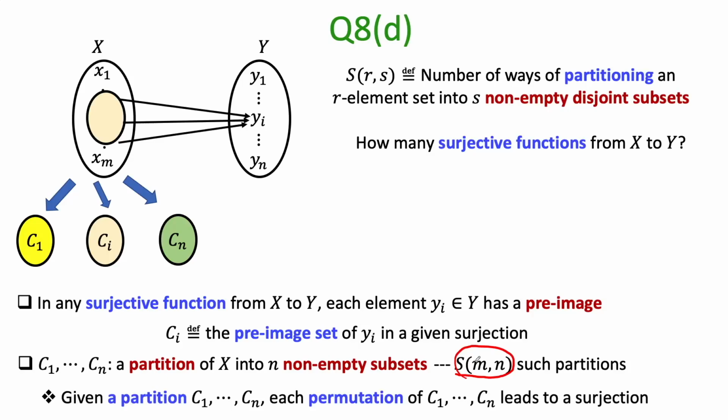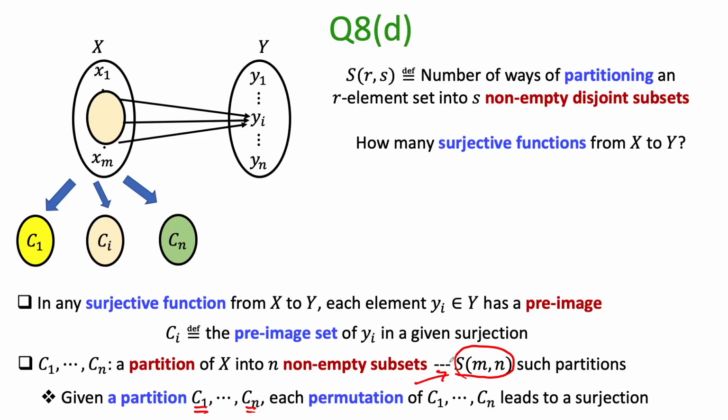So what we can say is, if you want to construct a surjection, you first divide your set X into n pairwise non-empty disjoint subsets. Okay, call them C1 to Cn. How many such partitions can you have? S of m comma n number of such partitions.